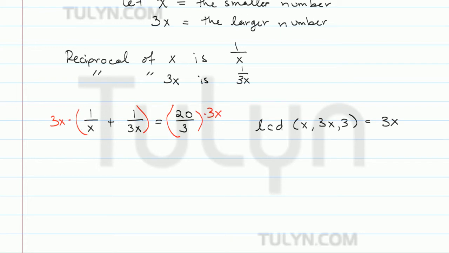So now what I want to do for the left is I want to distribute this 3x right into each term. So the first term gives us 3x over x, which simplifies to 3. And the second term is 3x over 3x, which is just 1. And then on the right side of the equation, the 3's cancel out, so we're left with just 20x.